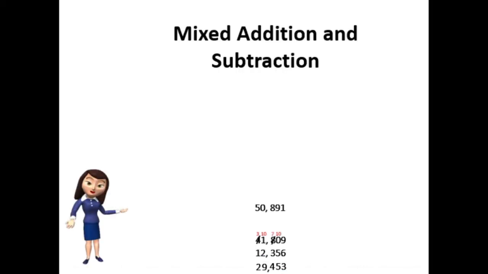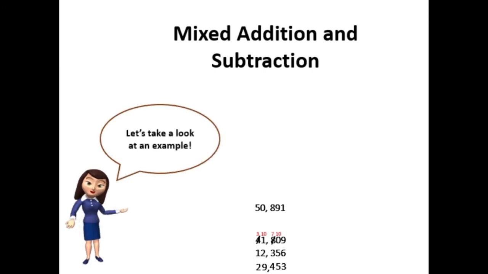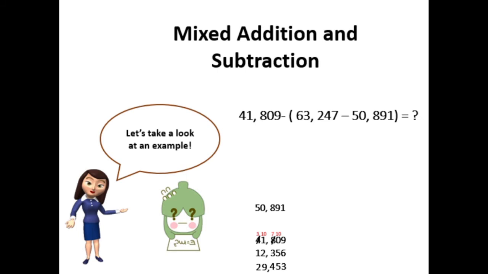Okay, let's have the last example. This time we do all subtraction processes. The same, work first the numbers inside the bracket. We have 41,809 minus, open parenthesis, 63,247 minus 50,891.